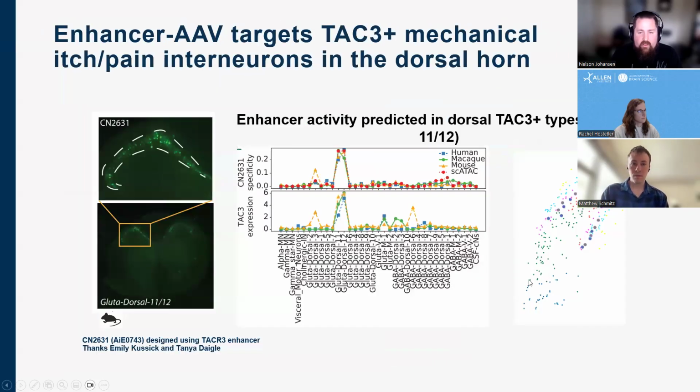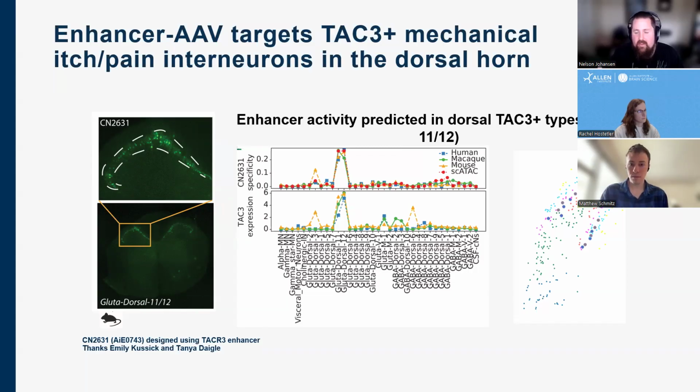So we wanted to try this in spinal cord as well. Tanya Daigle and Emily Kusick have some really great work selecting tools that are useful in targeting particular dorsal horn types. On the left, I'm showing one of the tools they selected that with our taxonomy, we're able to understand is targeting these upper layer GLUT 11-12 or TAC3 positive types.